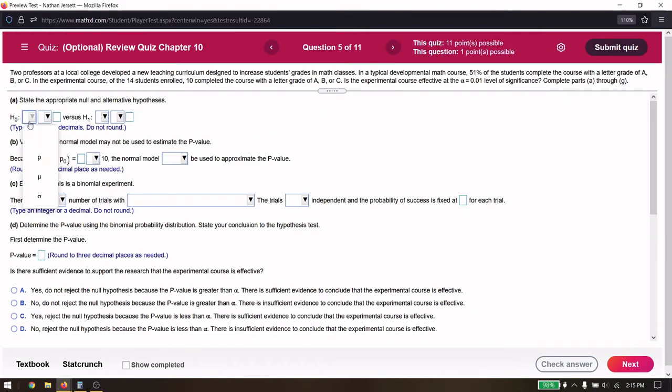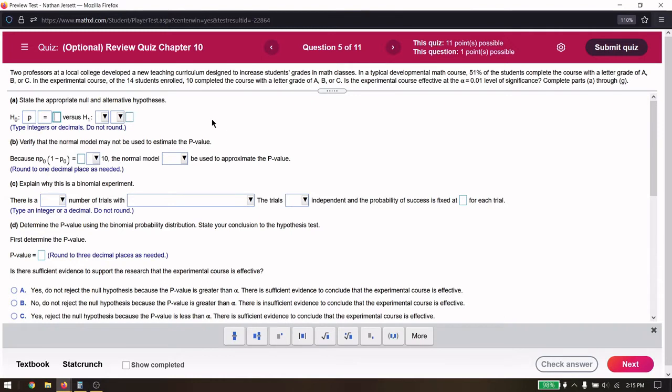So first off, the null hypothesis is equal to what's been established, namely the 51%. That's a typical developmental math course. The experimental is the new one. It's the one that we're trying to experiment on or experiment with to see if it's better. That's why it's the alternative. In other words, effectively what we're trying to do is figure out in the experimental course, is it effective?